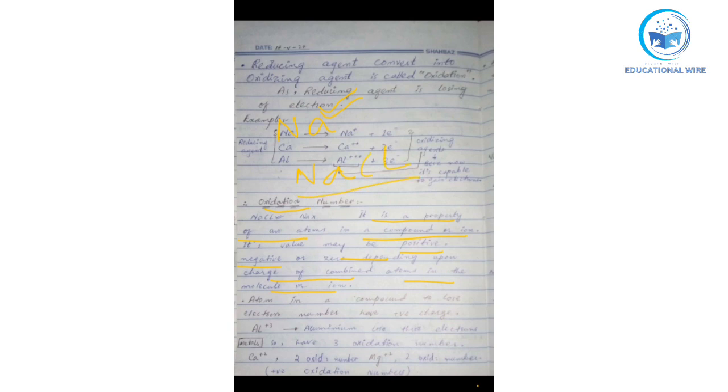Okay, let's move to another part. Here it says that an atom in a compound that loses electrons has a positive charge. If any atom is losing its electrons, like aluminium having 3 electrons and losing them to become an aluminium ion, it gets a positive charge.